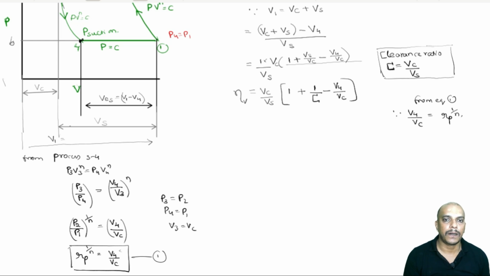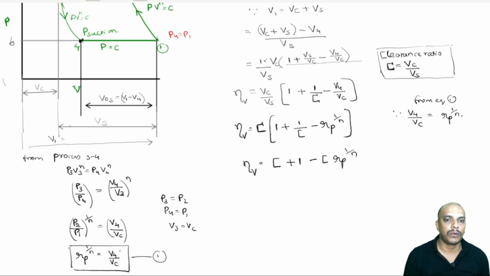Now Vc by Vs we have already defined as C. Then this will be 1 plus 1 by C minus Rp power 1 by n. Let us multiply this C back inside. So we will have C plus 1 minus C Rp power 1 by n.